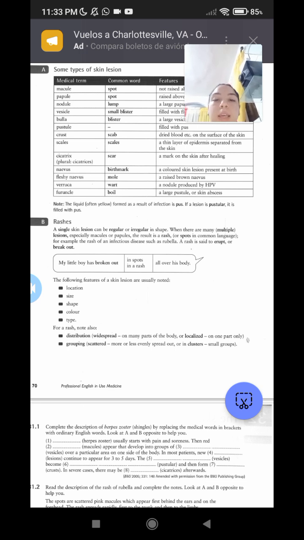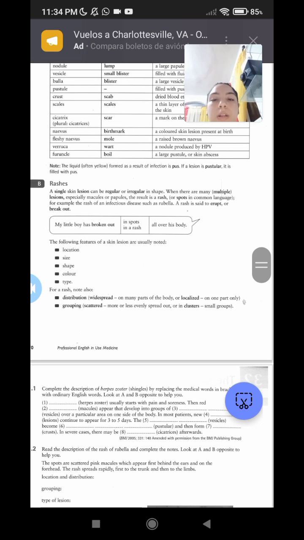Now, the liquid, often yellow, formed as a result of infection is pus. If a lesion is pustular, it is filled with pus. A single skin lesion can be regular or irregular in shape.